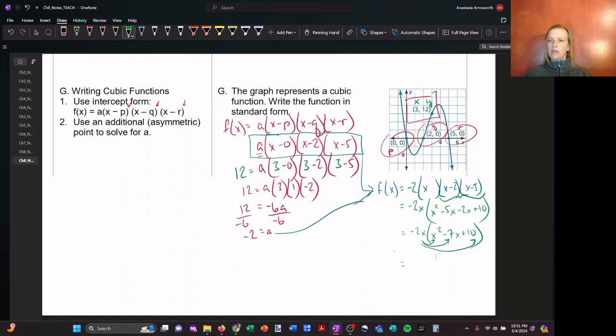And that's going to give me negative 2x cubed. x times x squared is x cubed. Plus 14x squared, minus negative 2 times 10 is negative 20, and bring the x over as well. So my final polynomial is negative 2x cubed plus 14x squared minus 20x.